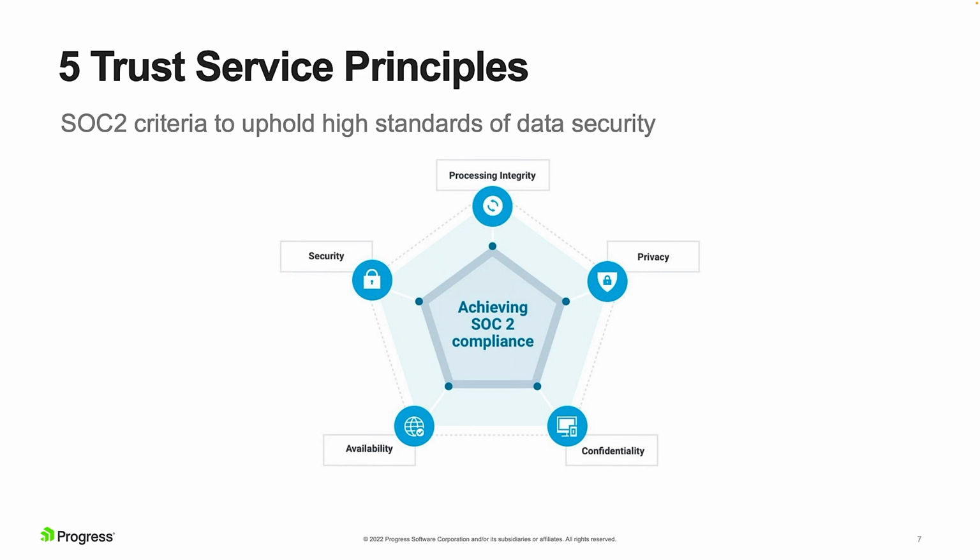Thanks, Cam. So, like I mentioned, there are 5 different principles that actually uphold the SOC 2 framework, and you can see them represented on the slide here. The major one that almost everybody has to implement when they want their infrastructure to be SOC 2 compliant is security. It's actually called the common criteria. But what does the security principle mean?